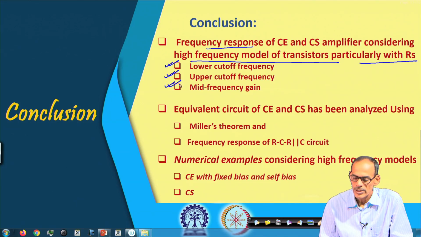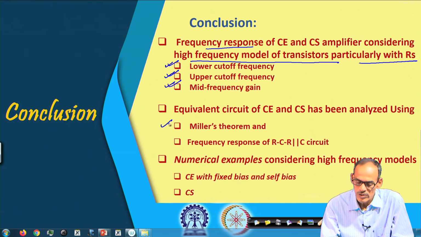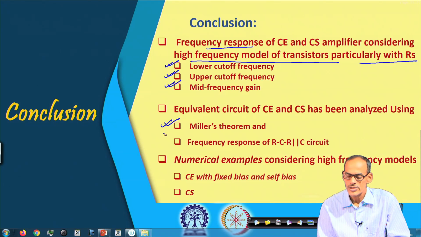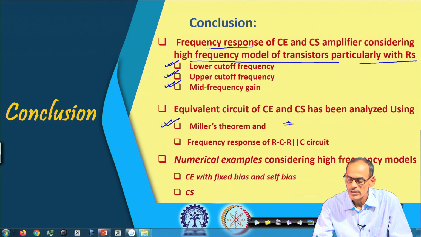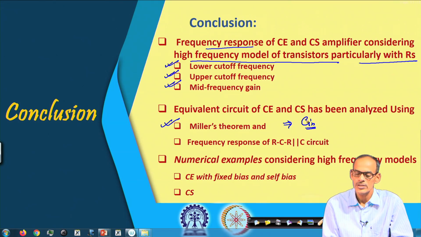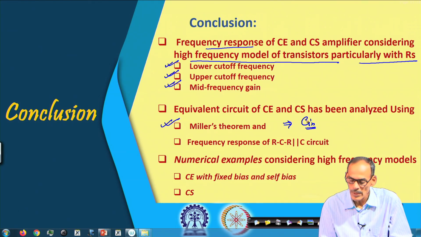This has been done by properly calculating the input capacitance, for which we considered Miller's theorem. We touched upon the basic Miller's theorem, and saw that it helps us calculate the input capacitance Cin, which primarily defines the upper cutoff frequency.